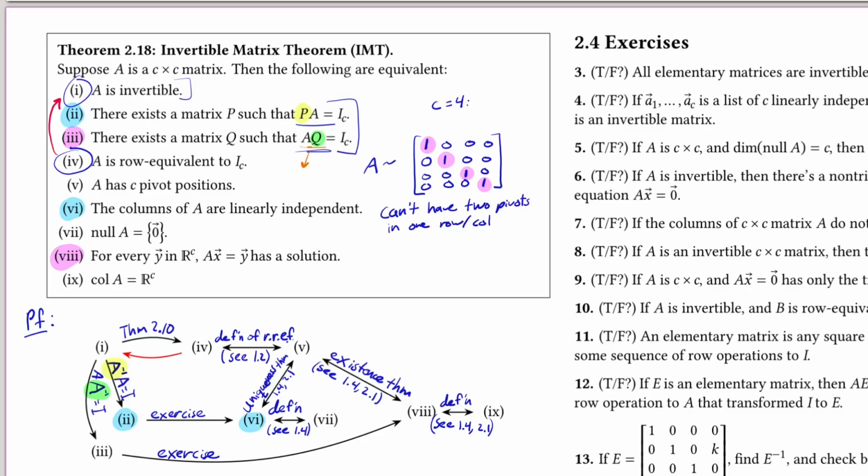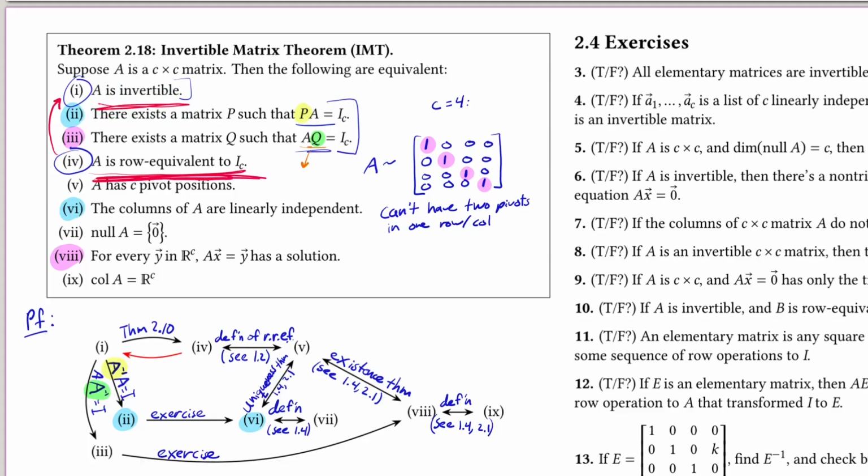We'll see how it works more rigorously, but just to give you an idea of where we're going with it, if A is row equivalent to the identity matrix, there exists a sequence of row operations that all have elementary matrices that represent those row operations, and you can represent that as matrix multiplication. And that's what invertibility means, that there's a matrix you can multiply to get the identity.